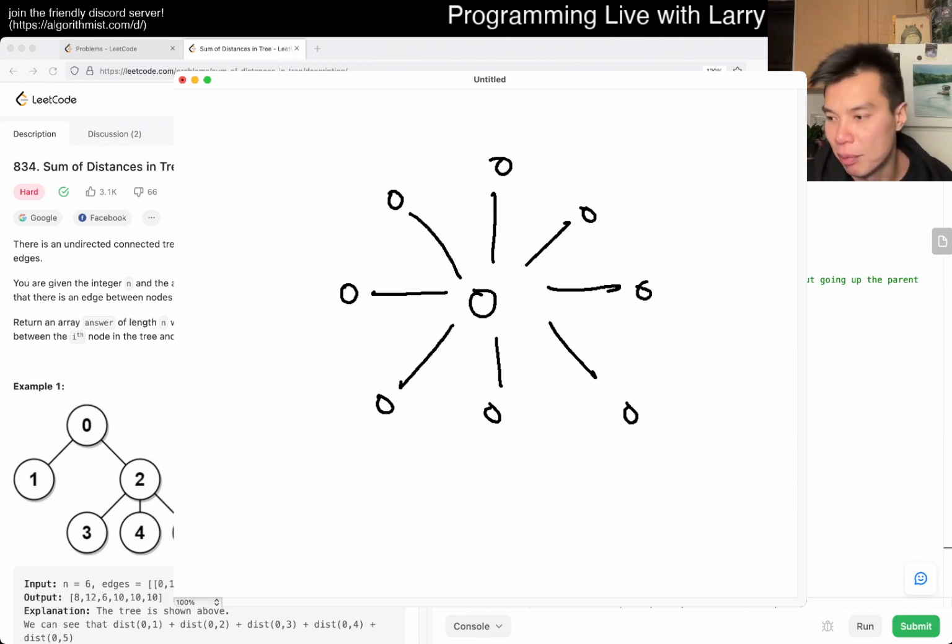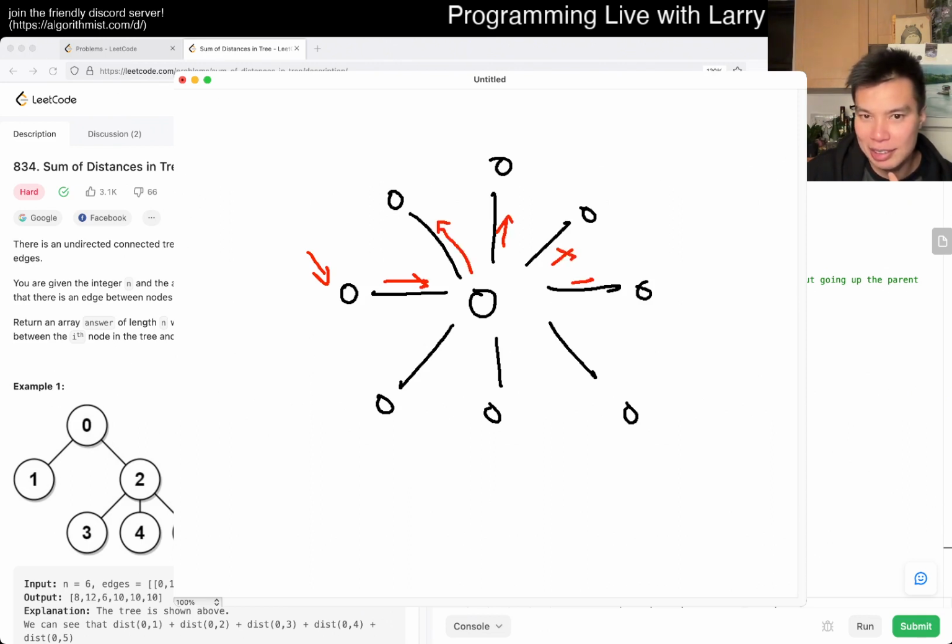For example, let's say we start at this node first, and of course we do recursion, we go here, and now at this node we have all these out edges cached. And then we have the answer.